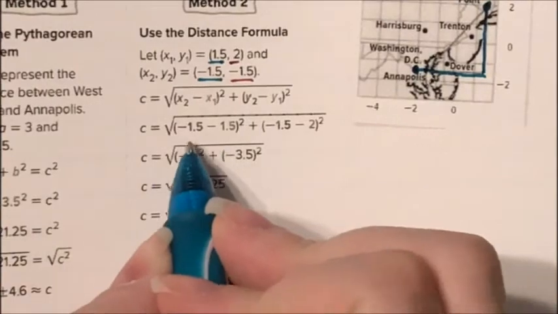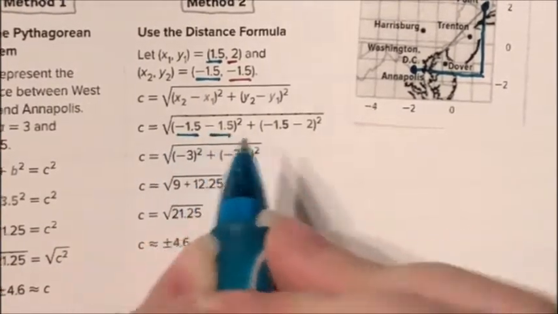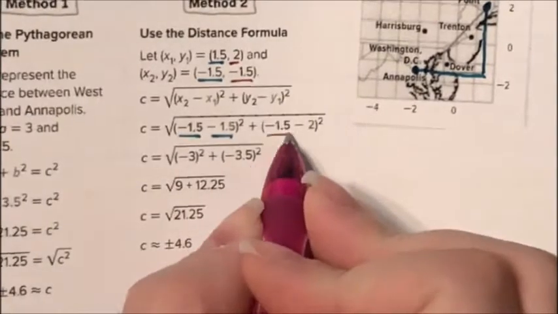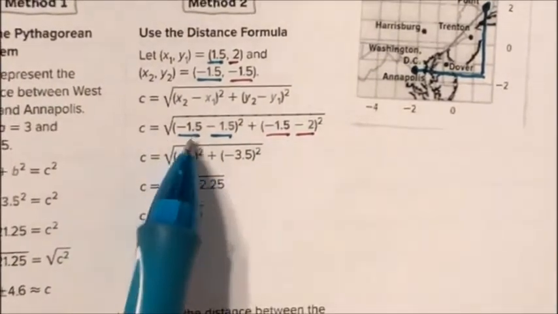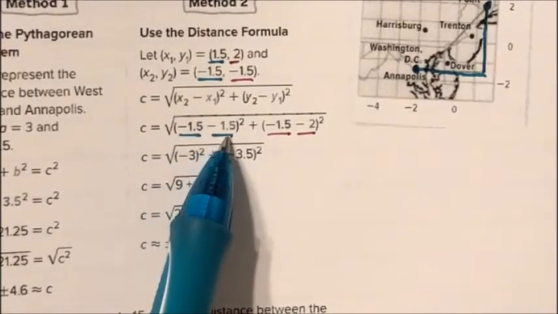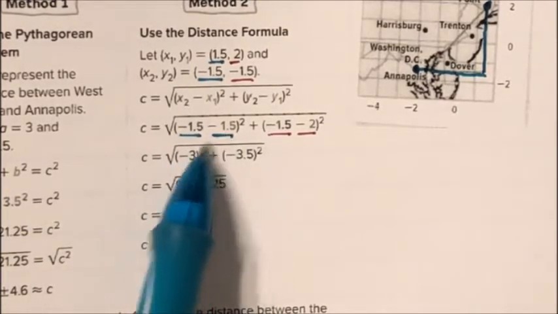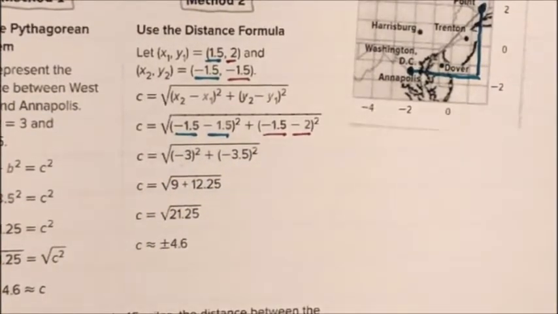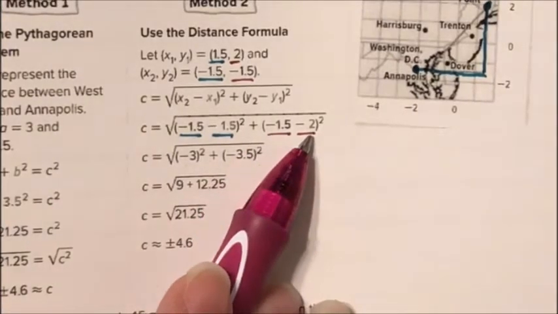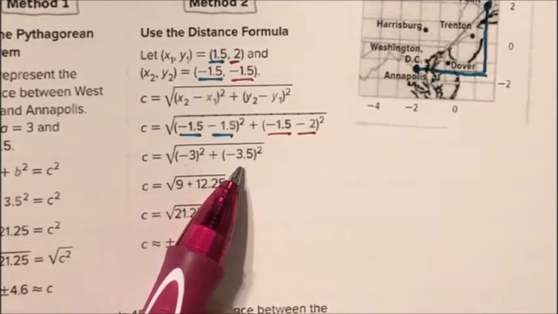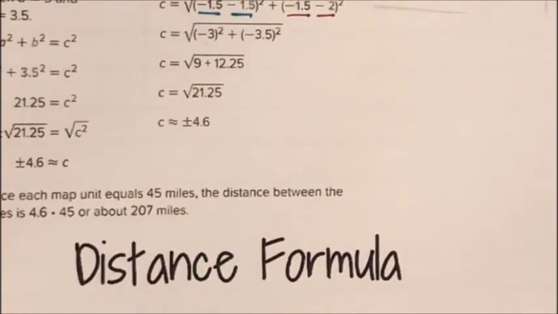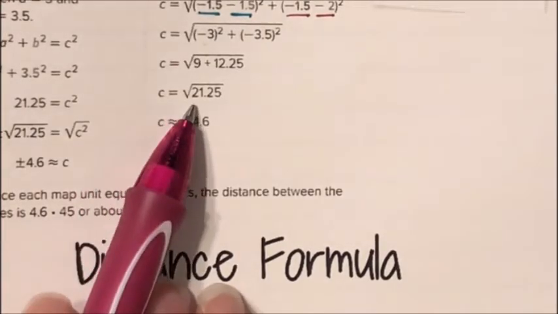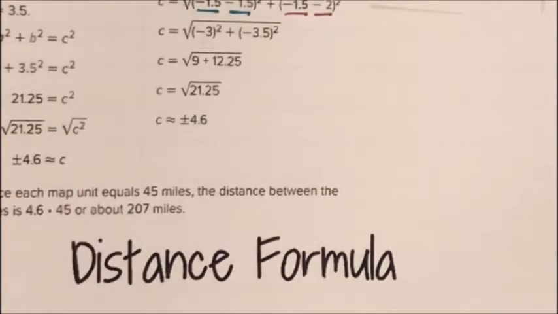So here's x2 minus x1, y2 minus y1. x2, negative 1.5 minus x1, 1.5, gives me negative 3. And then y2 and y1, negative 1.5 minus 2, gives me negative 3.5. I square both of those, so I get 9 plus 12.25. Add them together, I get 21.25. Take the square root, and I get 4.6.